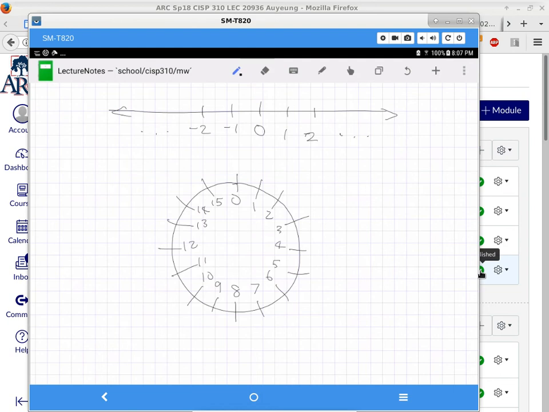Okay. So now we look at the bit representation. So we have 0000, 0001, 0010, 0011, 0100, 0101, 0110, 0111, 1000, 1001, 1010, 1011, 1100, 1101, 1110, and 1111. So those are all the binary representations. Is that okay so far?